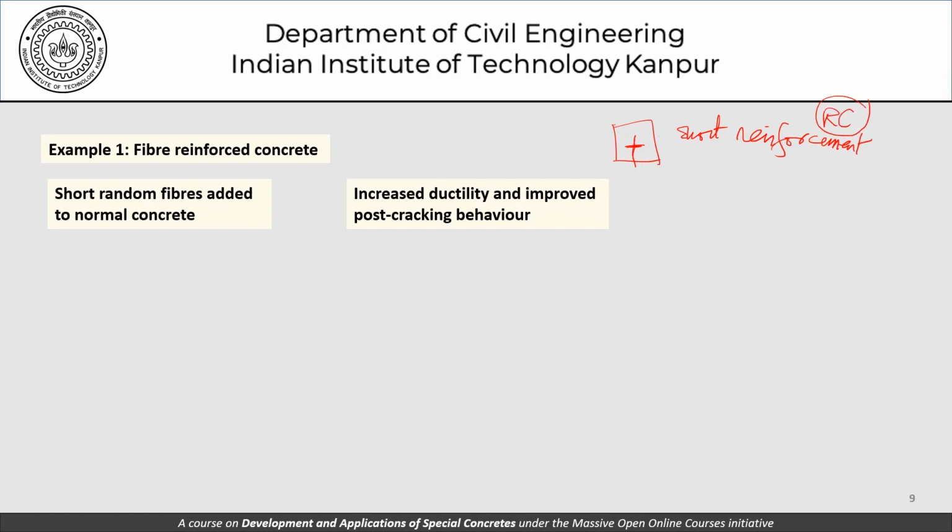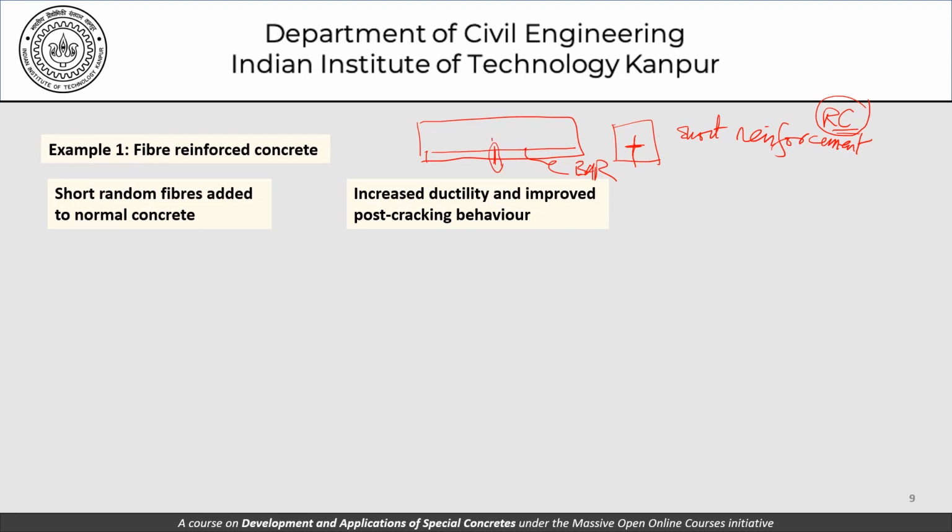Except that in normal reinforced concrete, we don't talk of fibers, we have normal reinforcement. That is, if you have a beam with reinforced concrete, this is a long steel bar, and this steel bar prevents any flexural crack from propagating. So this is something which we know from our understanding of reinforced concrete.